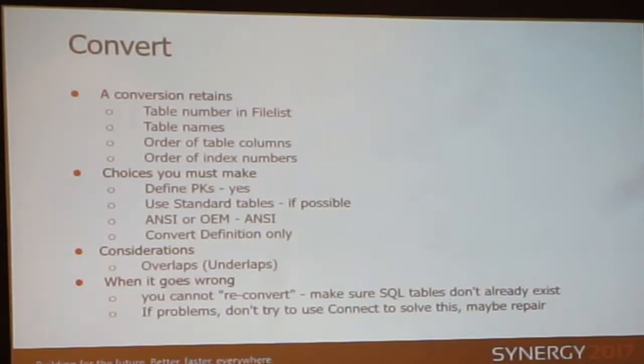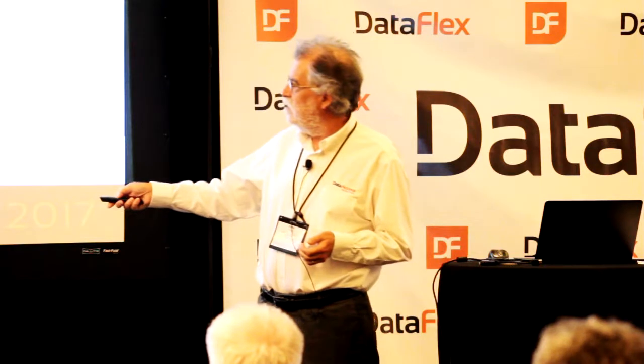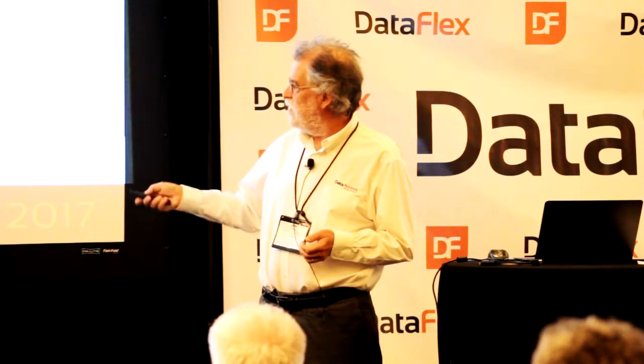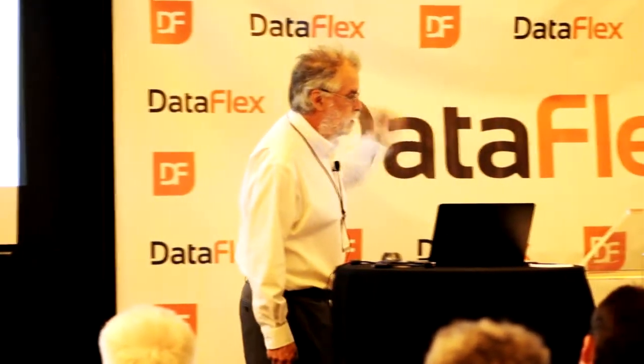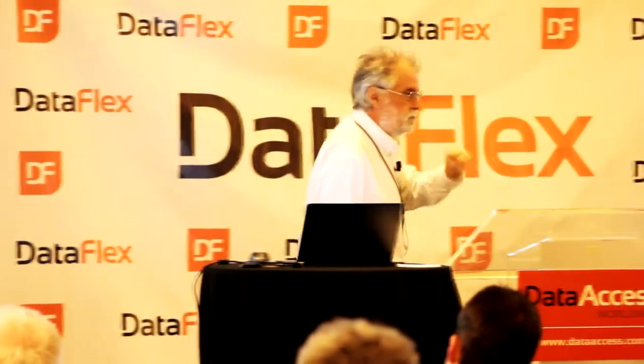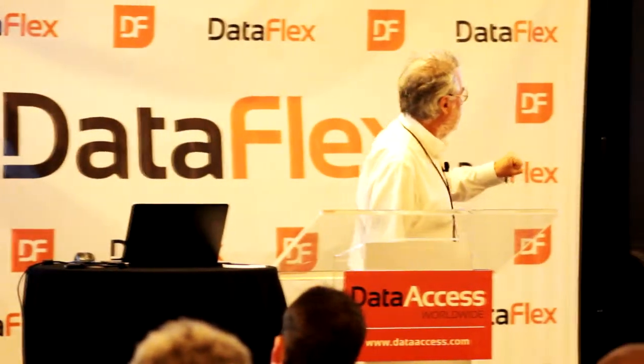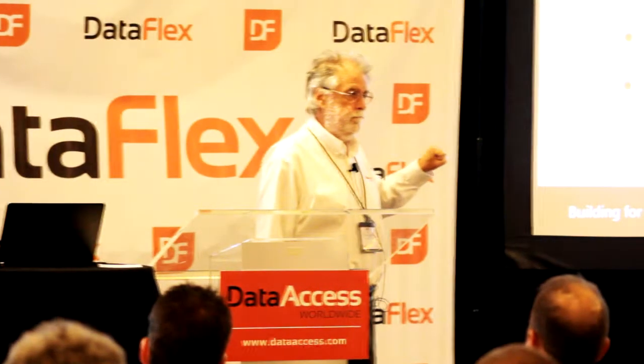When something goes wrong, you don't reconvert. It's not going to be a happy experience. You say, it didn't work. You can try again, but odds are you're going to get some kind of an error. One of the most common errors is if the SQL table already exists on the back end, and you say, I want to convert it, and I want to use that same table name, it's not going to be able to do it, and so you're going to get an error.